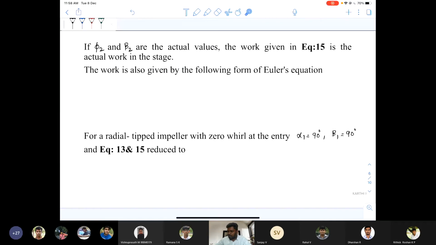If the values of phi 2 and beta 2 are considered actual values, then the work obtained from equation 15 is also considered to be the actual work happening in the stage.